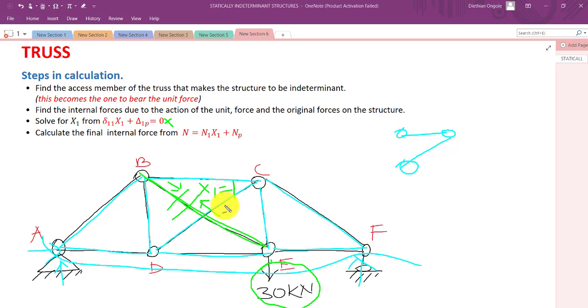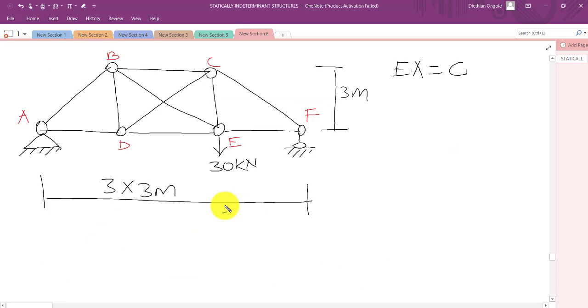The next, let's look at an example. So assuming that you've been given this truss system, and we're required to find the internal forces on each member, and the dimensions are given as follows, and the EA has been given to be a constant. So what do we do? We begin from the first step.